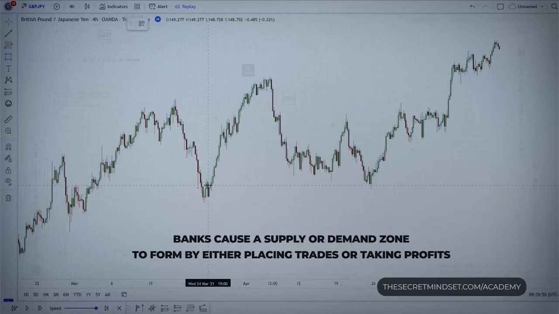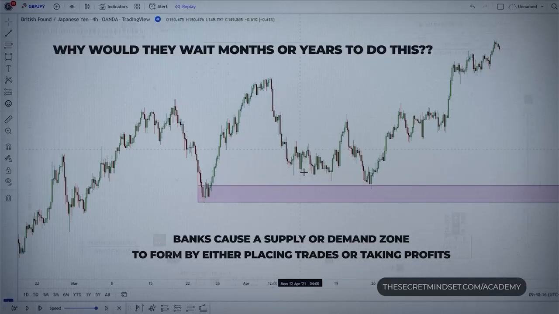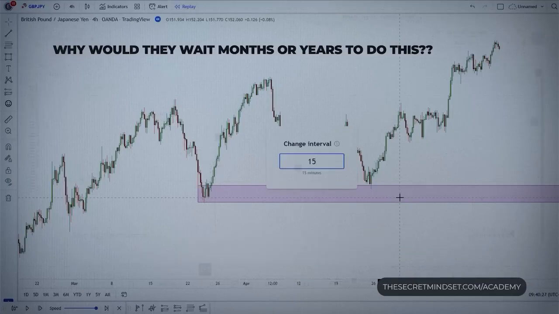So banks cause a supply or demand zone to form by either placing trades or taking profits. Then they cause price to come back to a zone because they haven't been able to get all of their trades placed or take all of their profits off. But why would they wait months or years to do this? If they placed a bunch of trades because they want price to increase, why would they wait a few months to get the rest of the orders placed?